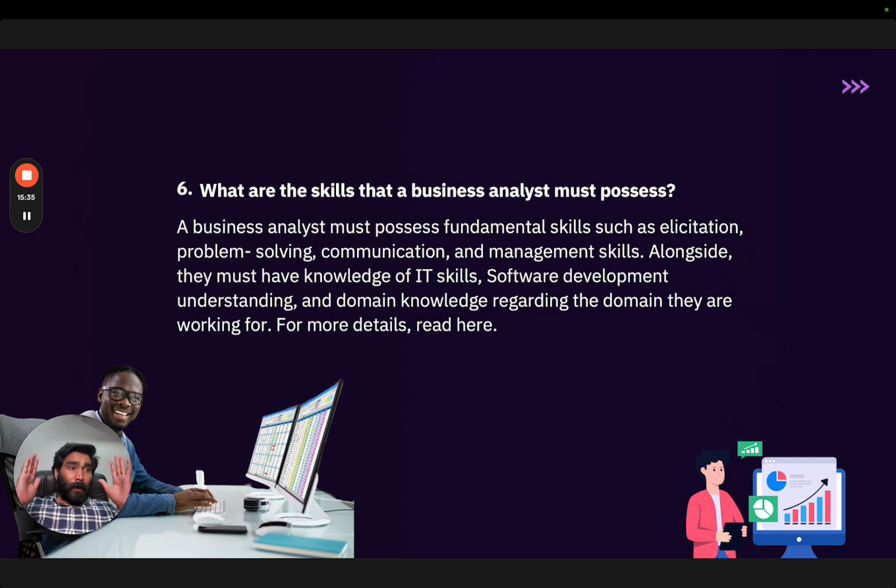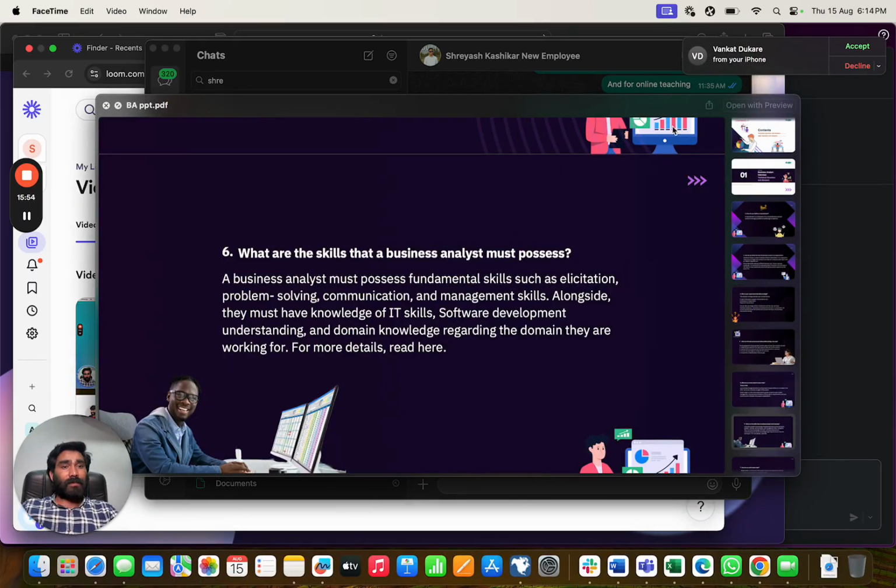See guys, the first part is, if you have a good understanding of a product, then only can you upgrade your analysis skills or maybe some technical skills, and then only can you apply for such jobs. Because to get a job as a business analyst, it's not difficult. First, understand this.